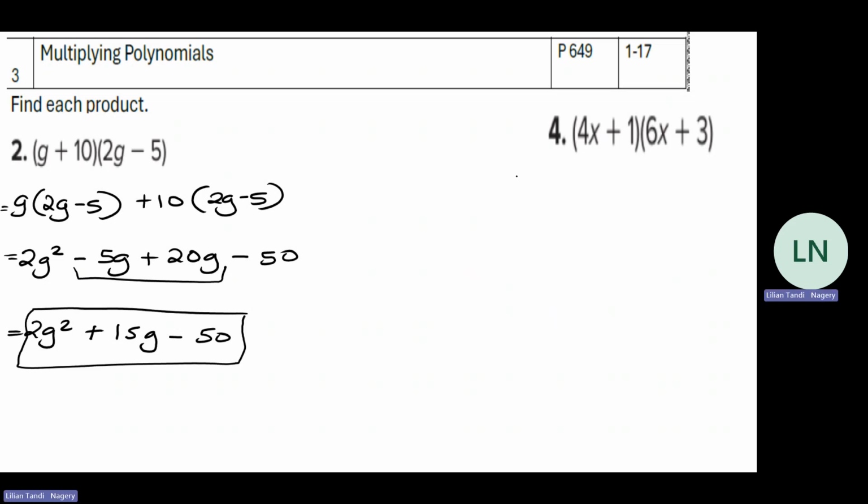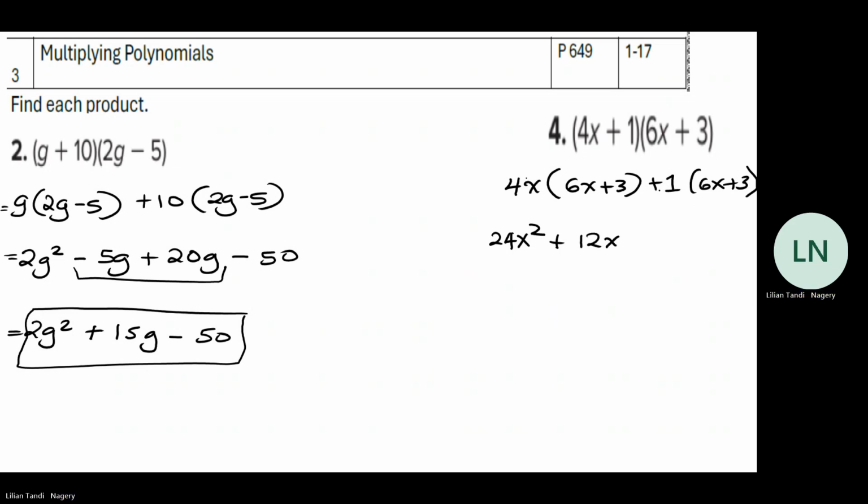All right, let's do this one. 4x, 6x plus 3 plus 1, 6x plus 3. 4x times 6x, 24x squared. 4x times positive 3, positive 12x. 1 times positive 6x, positive 6x, positive 1 times positive 3, positive 3.